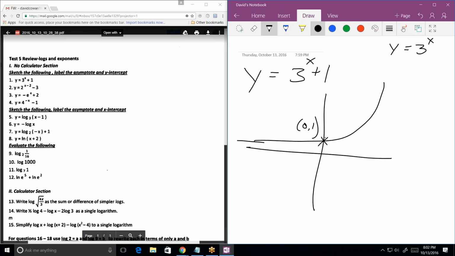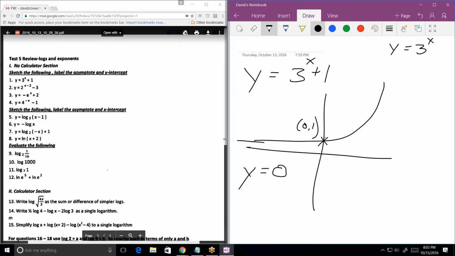No. It actually is at y equals 0. Always remember your asymptotes are equations of a line. Okay, y equals 0 is the x-axis. And all of these exponential functions, if you go far enough to the left, get very, very close to the x-axis. It keeps getting closer and closer and closer without ever reaching it.